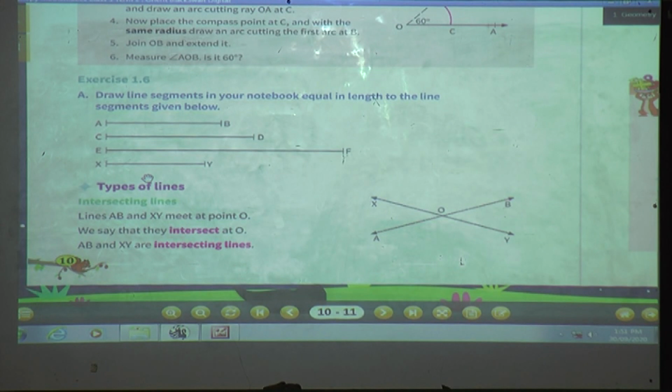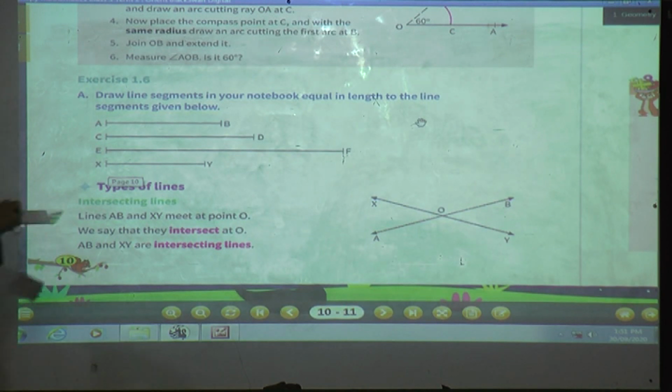What is it? Draw line segments in your notebook equal in length to the line segments given below. Here are some line segments. See, segment AB, segment CD, segment EF, and segment XY. So what we have to do now? We have to just measure it with the help of a scale, and with that measure, draw it in your notebook.